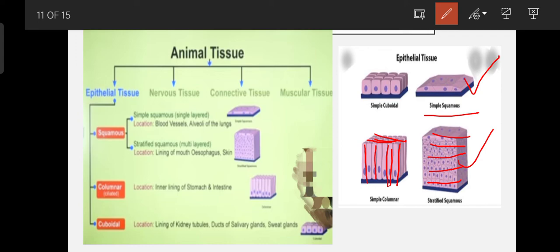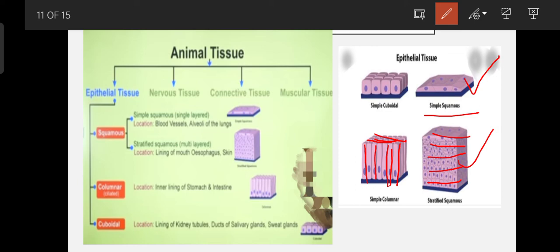One more point which we have to cover in cuboidal epithelium is that it is a specialization, meaning when epithelial cells acquire additional specialization as gland cells which can secrete substances at the epithelial surface.